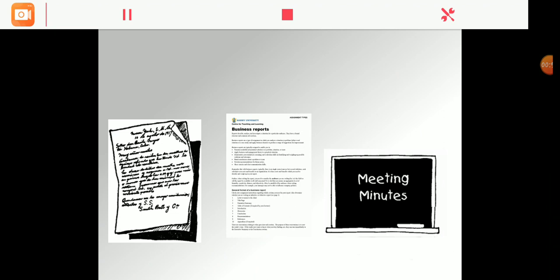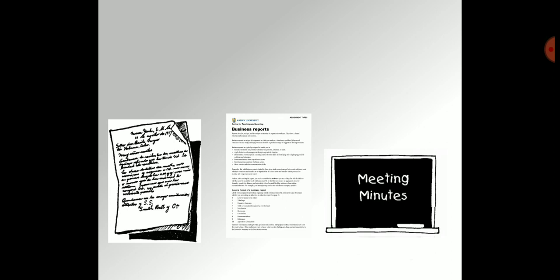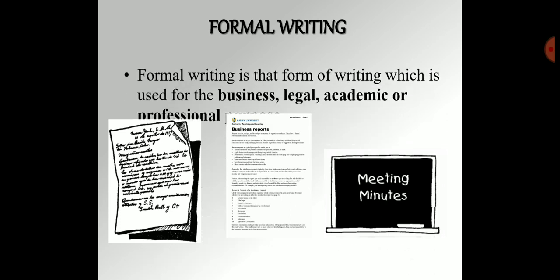So moving on to the main session, let's start with what formal writing is about. Generally, formal writing deals with purpose-based writing, which includes formal letters, business reports, even meeting minutes, the minutes of the meeting, all come under formal writing. So you can understand what formal writing is about.